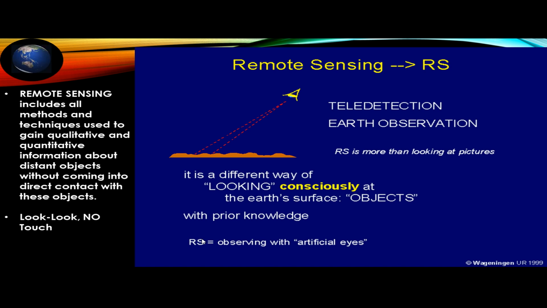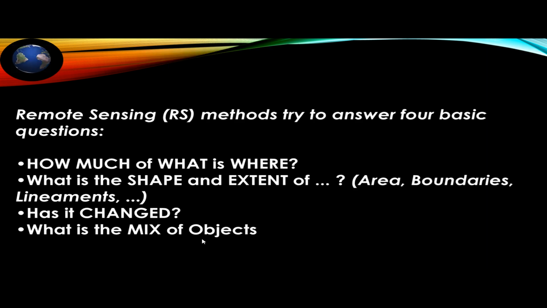Remote sensing includes all methods and techniques used to gain qualitative and quantitative information about distant objects, which you can't reach, without coming into direct contact with them. So: look, no touch. You can look at the object or feature of the earth surface, but you are not allowed to touch. You are not in contact with it. This is remote sensing.